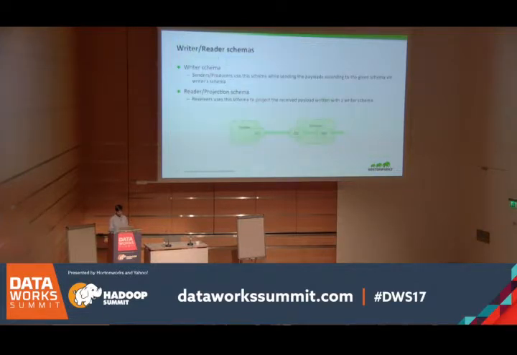Before we get into how it actually works, we need to know about writer and reader schemas. The writer schema: whenever you produce messages, for example, whenever you're sending messages to a Kafka topic, Kafka has a serializer and deserializer API where you can serialize that payload in a binary format and push it into the Kafka topic.